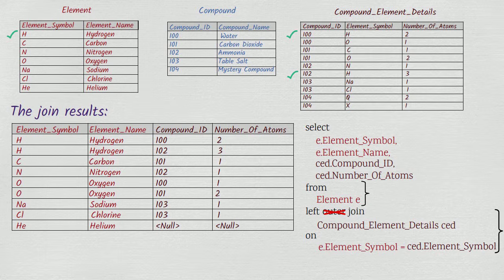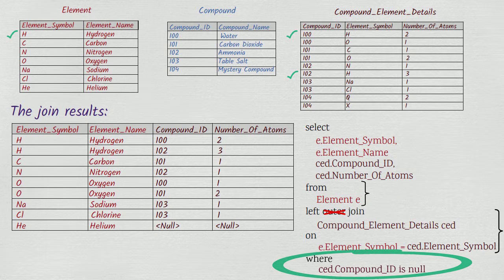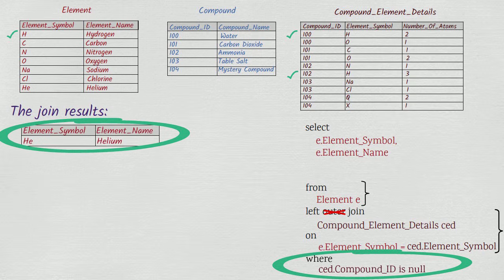Or, to put it in real-world terms, the element helium doesn't occur in any compounds. And so, if we want our query to answer the question which elements don't occur in any compounds, we need to look for those null compound IDs. This is done by tacking a WHERE clause onto the end of our query.